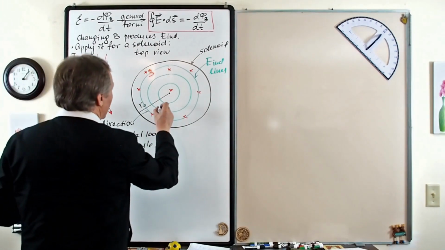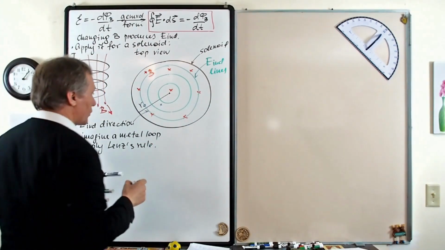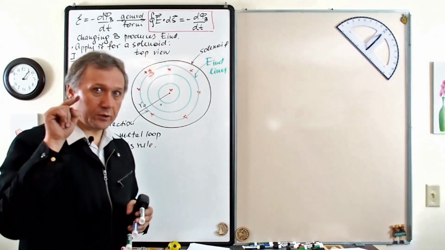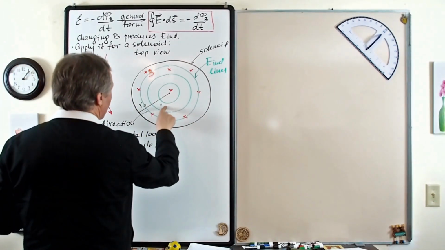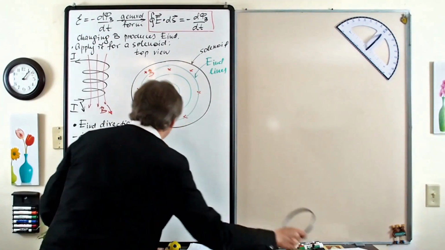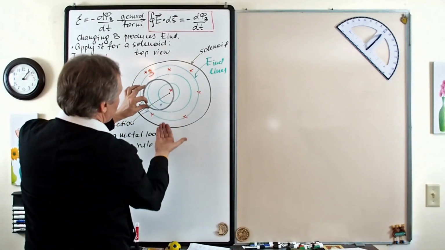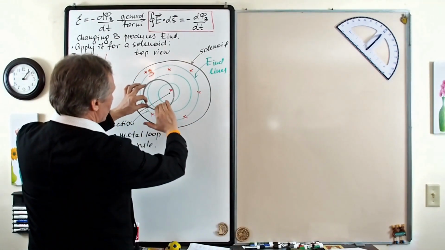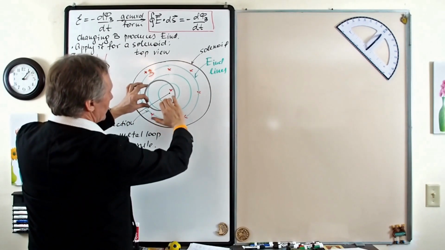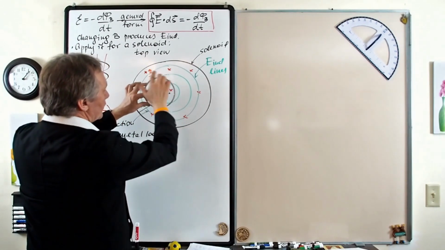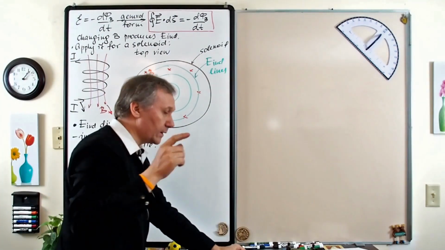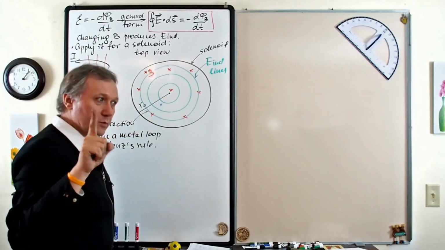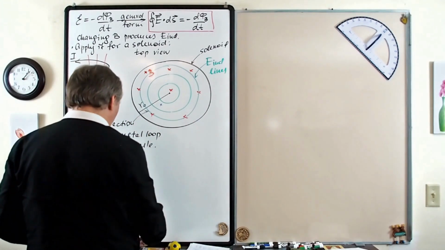So it means that within the loop we're going to have crosses representing induced magnetic field, and then apply the right-hand rule. In order to get crosses, I have to curl my fingers like this, and as a result, induced current will flow in the clockwise direction.